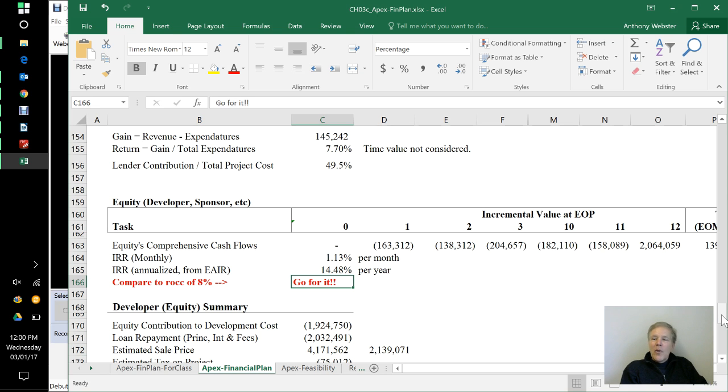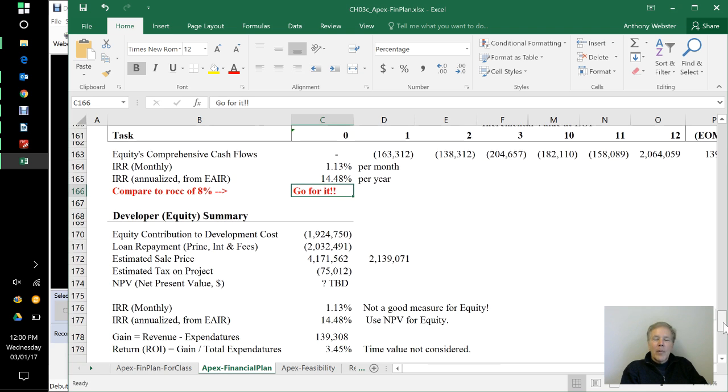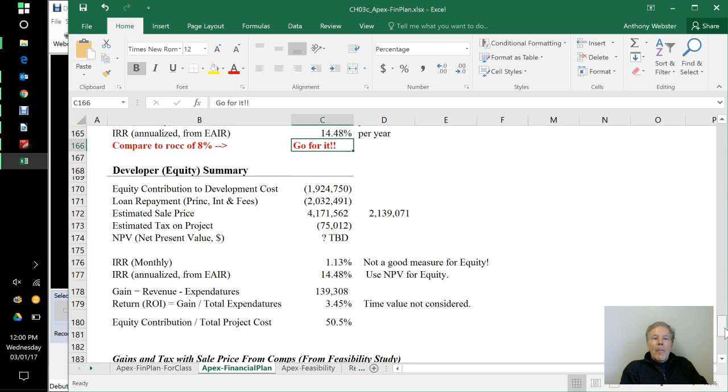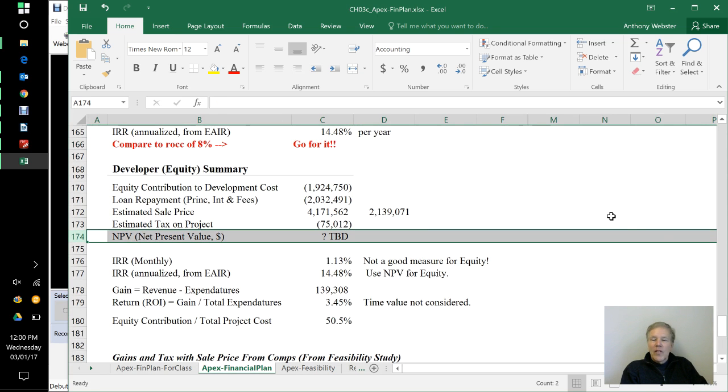But I wanted to show it to you with Apex to illustrate the opportunity cost of capital and how that's such a great thing. You may have noticed down here at the bottom of the spreadsheet, in the summary for equity, I have NPV, net present value, and I have a question mark, to be determined.